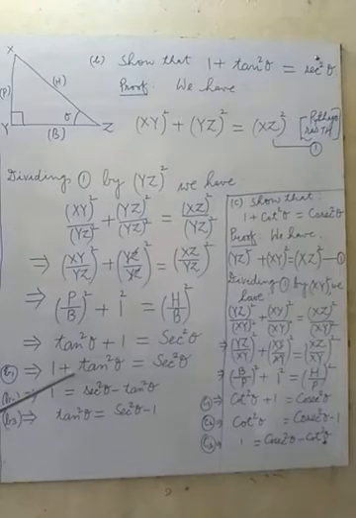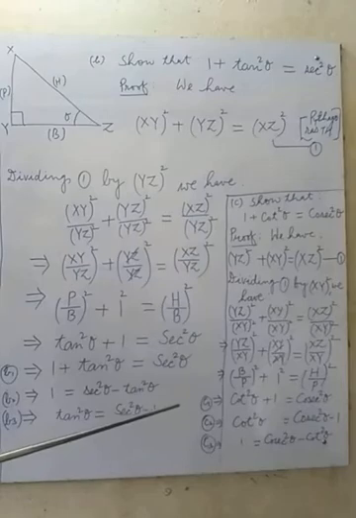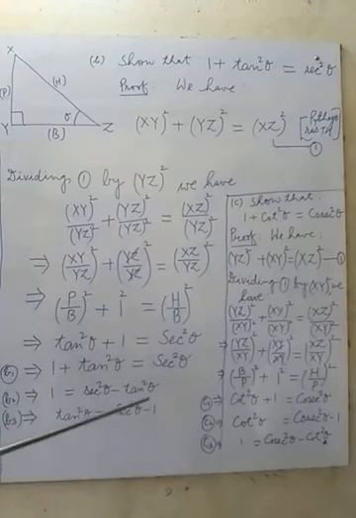Now on the basis of the second one, we can draw two more results on the basis of this second identity. How? By transposing. See, 1 will be noted down here. Now tan square theta will be shifted to the right hand side. While transposing, the operation will be changed; just the reverse operation is taken.